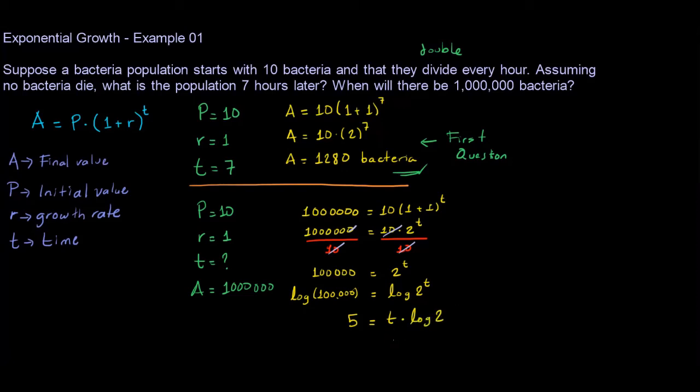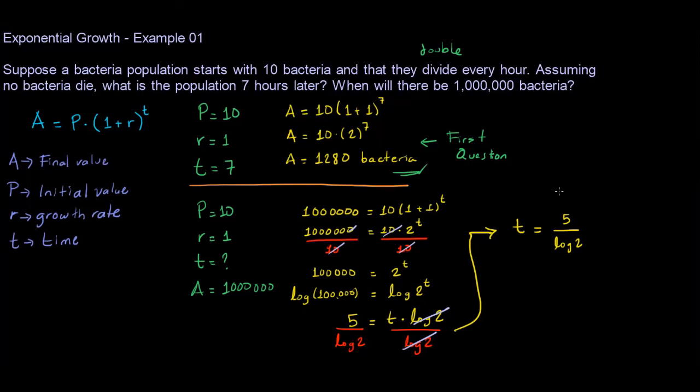Now we can divide both sides by the log of 2 to simplify this out. So we get that t is equal to 5 over the log base 10 of 2.